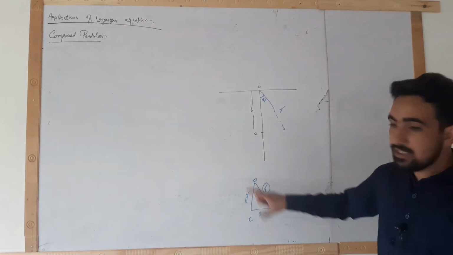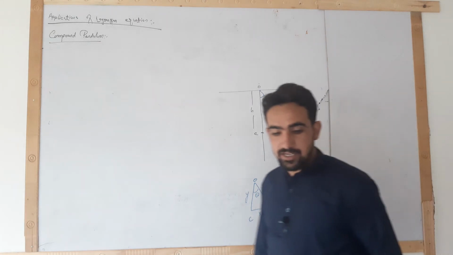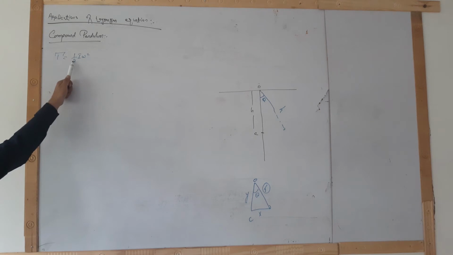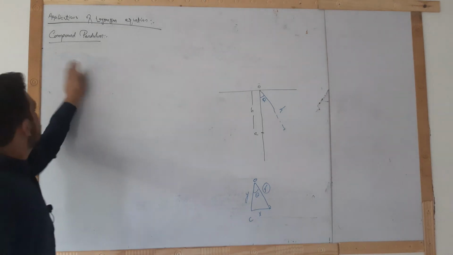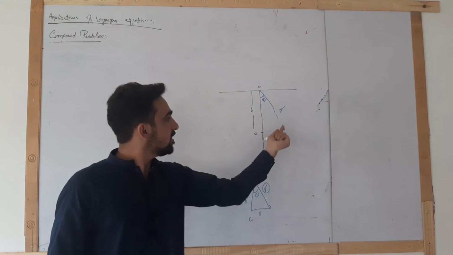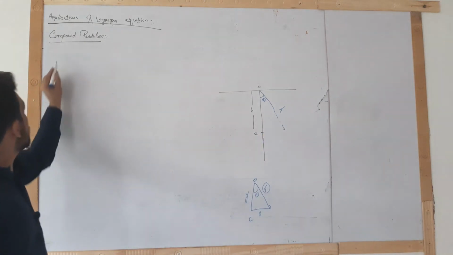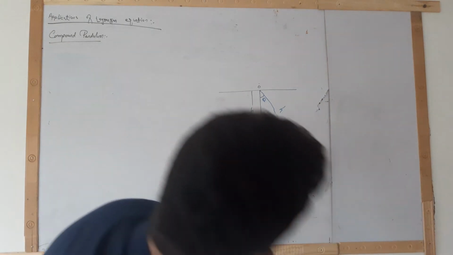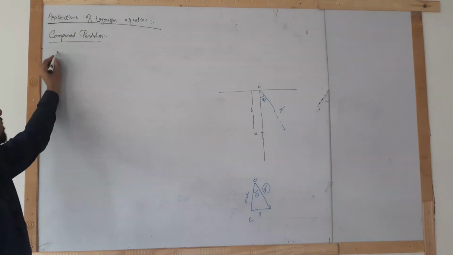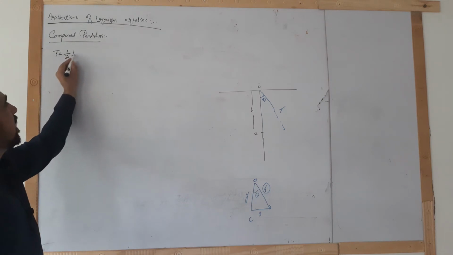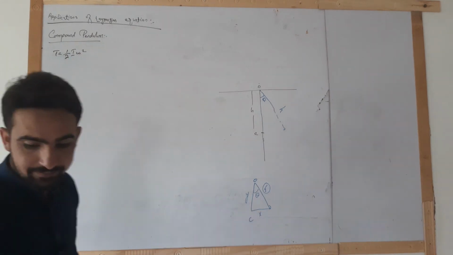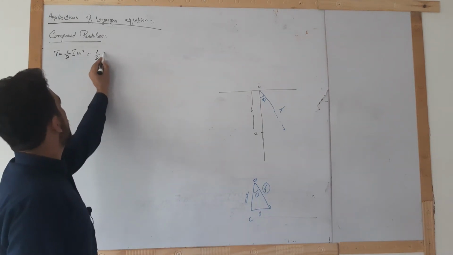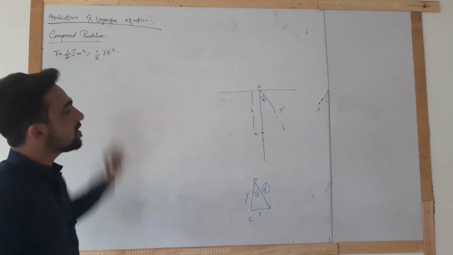So first of all, let us find the kinetic energy of the system. The kinetic energy of rotation is T equal to half I omega square. As we can see, this is a kind of rotatory motion, so it could further be written as T equal to 1 by 2 I theta dot square.